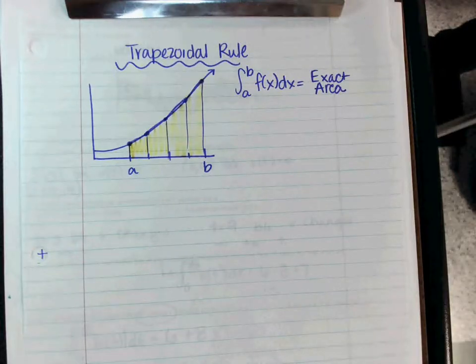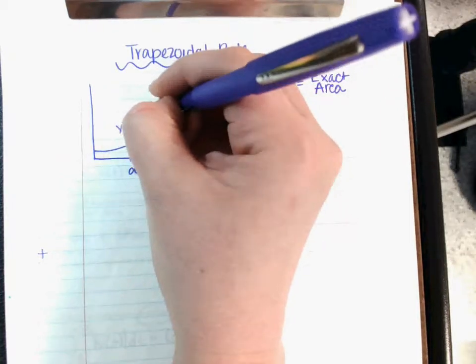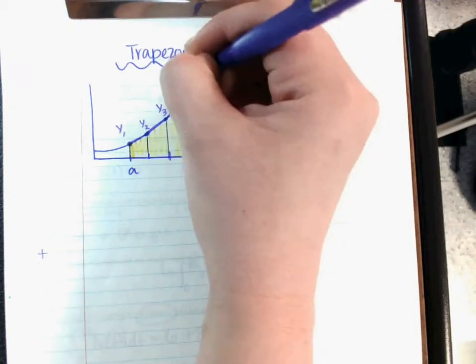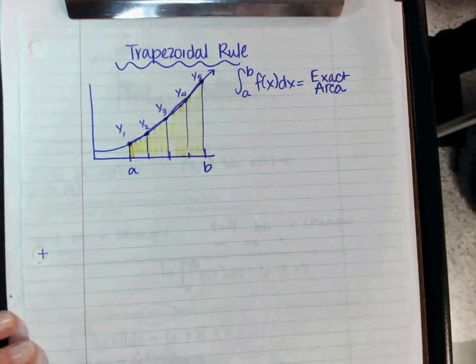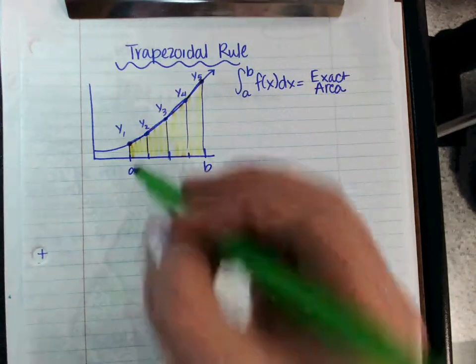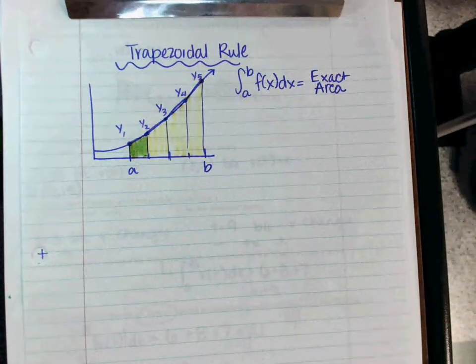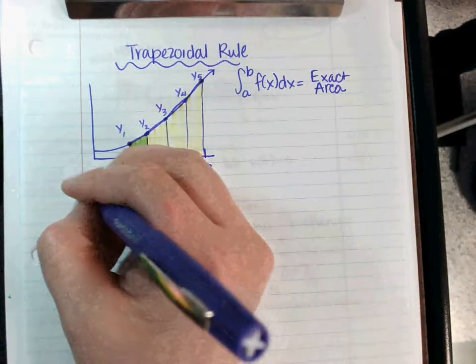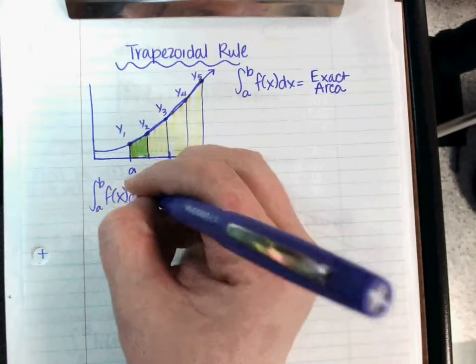Now let's label your y values. We'll call this y1, y2, y3, y4, y5. Okay, for trapezoid 1, for this one that I'm going to highlight in green, how would I find the area? It'd be 1/2 base 1 plus base 2. Now let's think about my bases for this trapezoid.